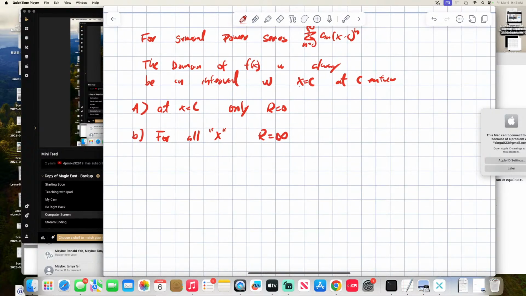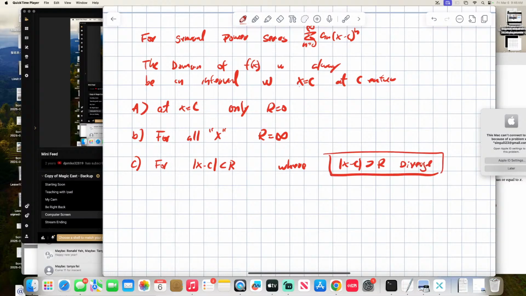Now this is a boring situation again. Situation C: where the absolute value of x minus c is less than r, it converges, and where x minus c is greater than r, it diverges. So it's very, very important that you know x minus c greater than r is diverge, but x minus c less than r converges.